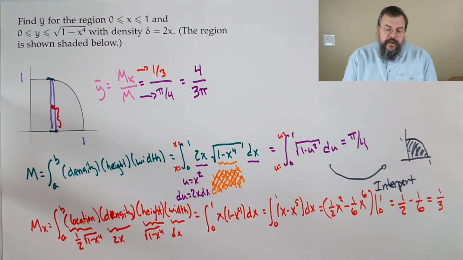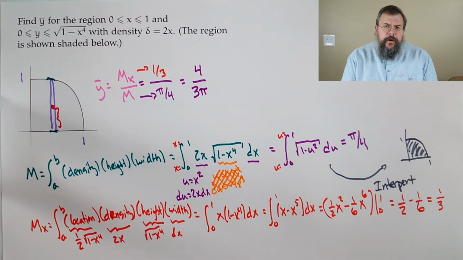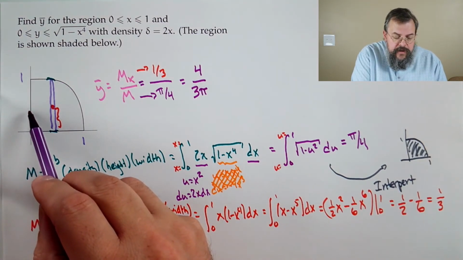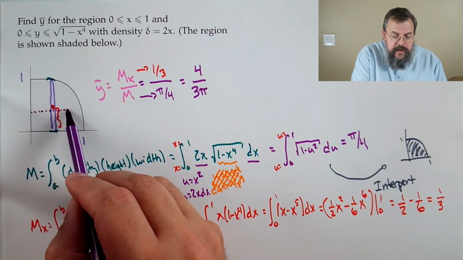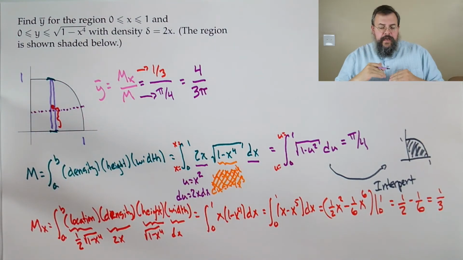Now, of course, you want to say, is it reasonable? Well, let's think about it. 4 over 3 pi. Well, 3 times pi is definitely over 9. So 4 over 9 would put it a little bit below a half. So it's saying that the y-coordinate should be somewhere a little bit underneath a half.